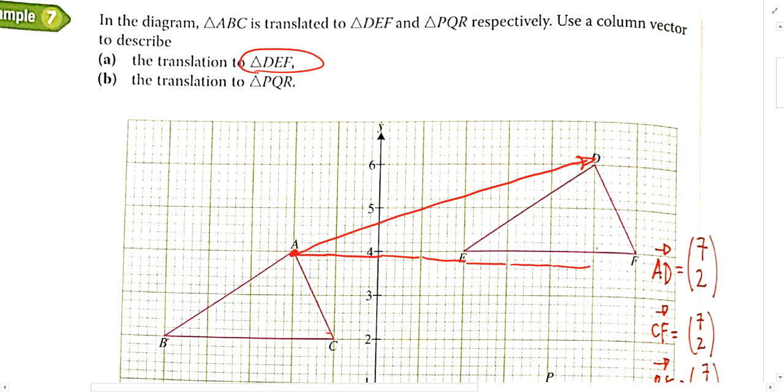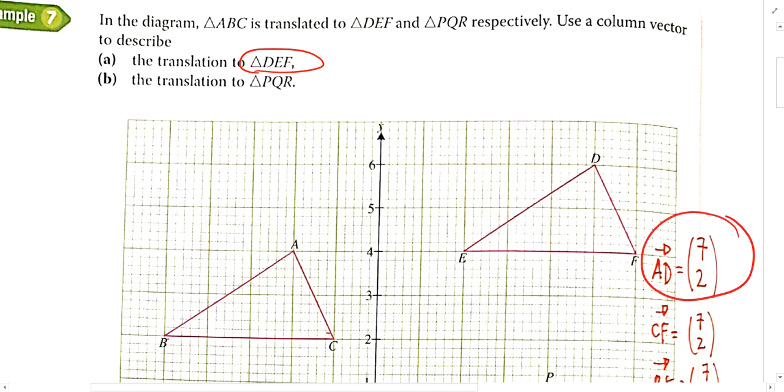Then how many units up did it go? 1 and 2. So from A to D, that is a vector, AD is (7, 2). Yes? Okay, so you can write that down. Everything will be the same. Yeah, he's right. Everything will be the same.